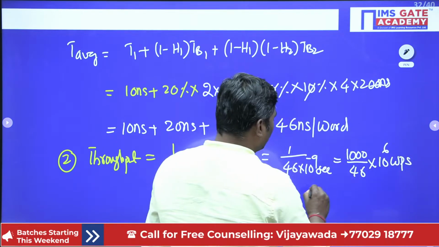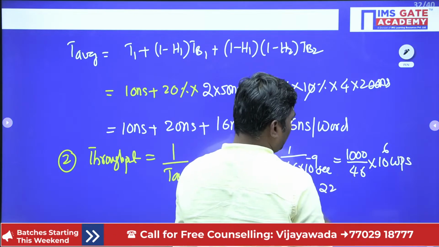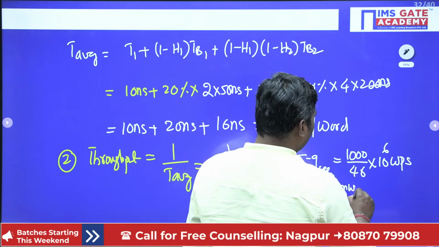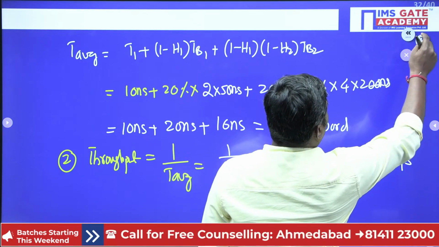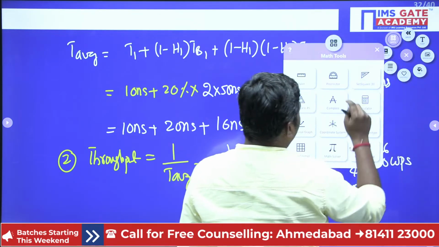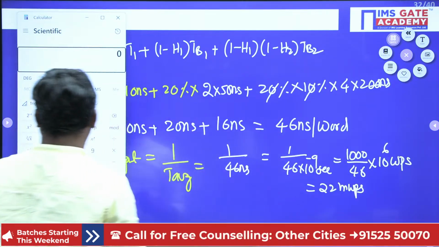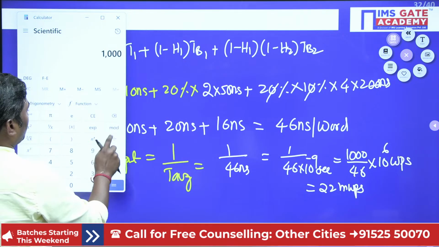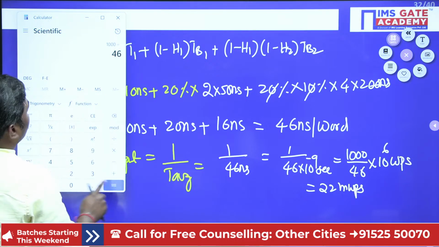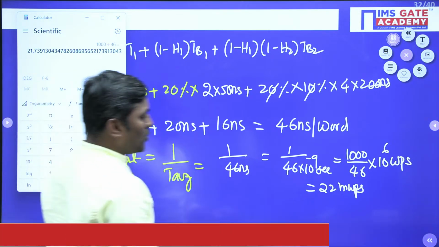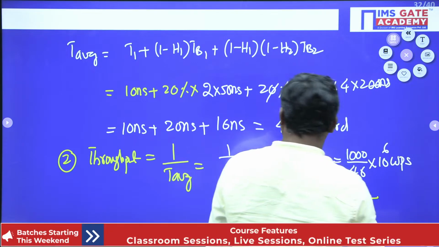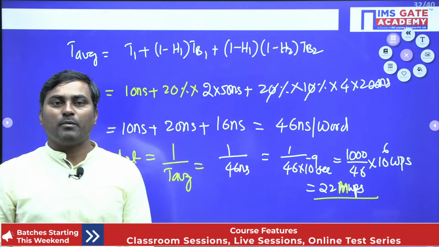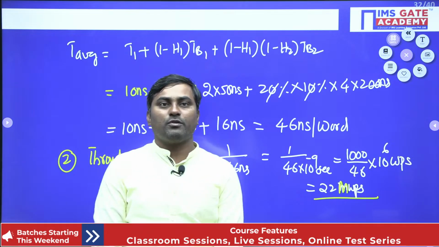So this gives approximately 22 million words per second. You check 1000 by 46, how much it will give: 21.7, which means 22 million. Yes, 22 million words per second. This is the throughput of the 3-level memory system. This way we can solve it.